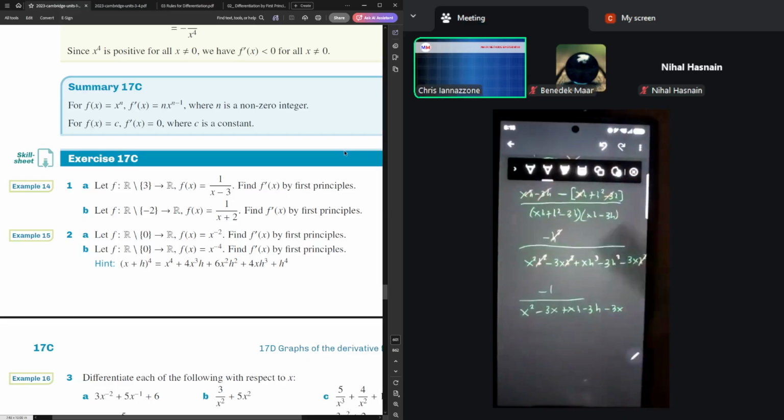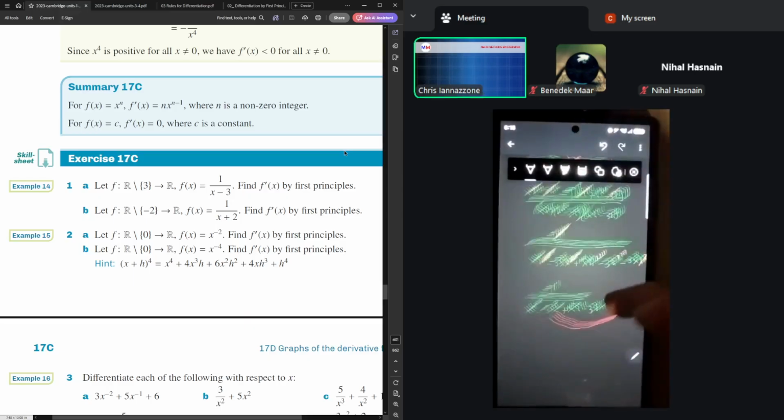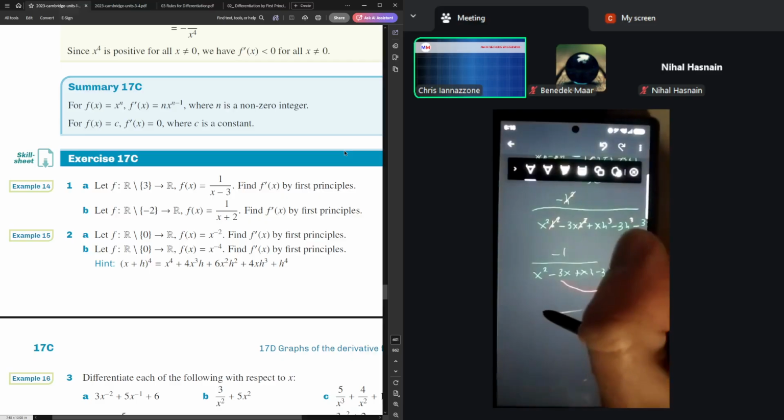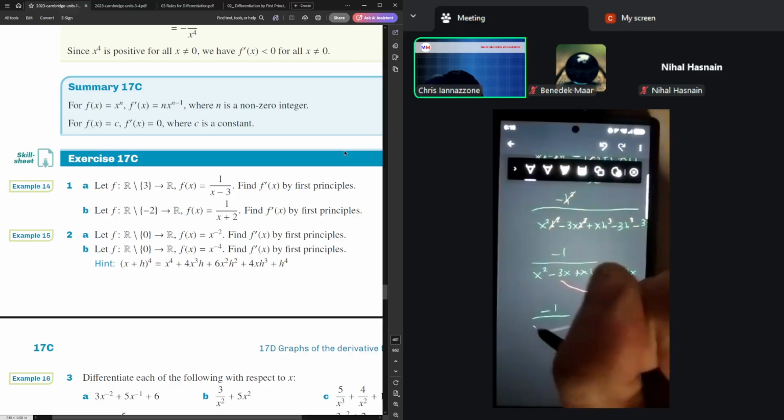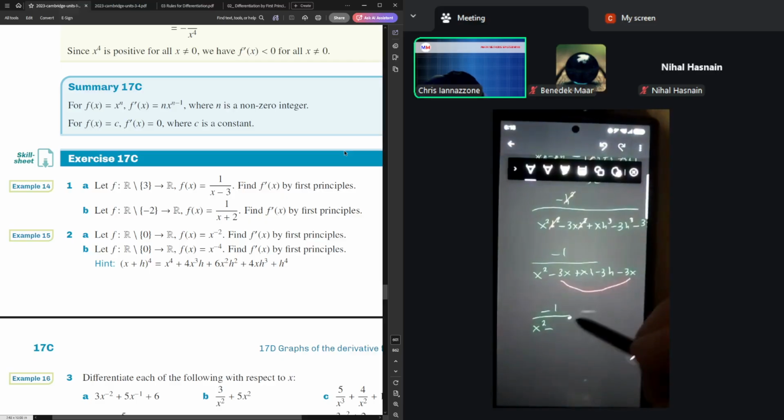From there, these will combine up, and our limit as h approaches 0 will kill those, giving you negative 1 on x squared minus 6x.